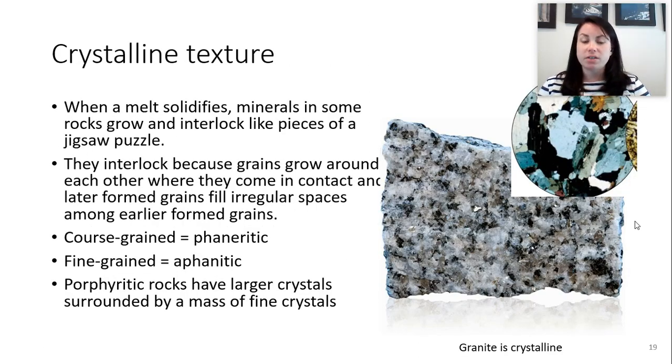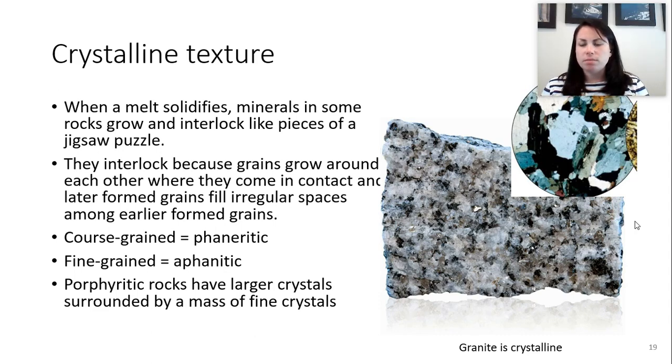Okay, so let's talk about texture first. Crystalline texture. When a melt solidifies, minerals in some rocks grow and interlock like pieces of a jigsaw puzzle. They interlock because the grains grow around each other, and when they come in contact they fill in irregular spaces that were formed earlier from those grains.